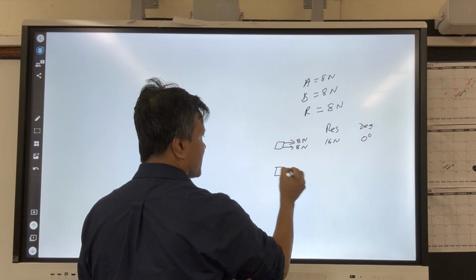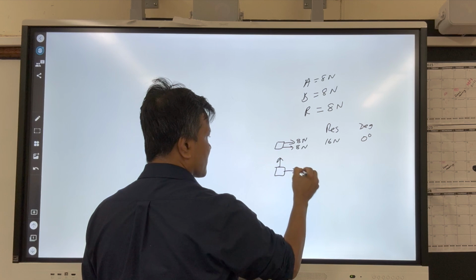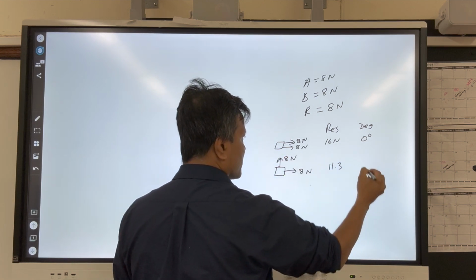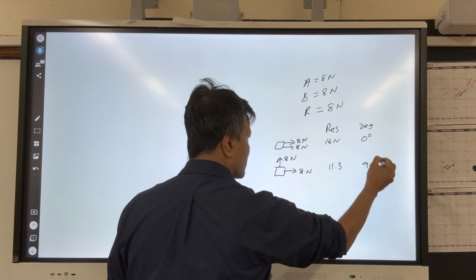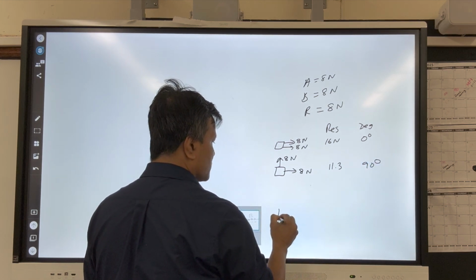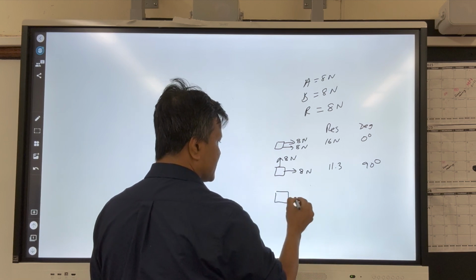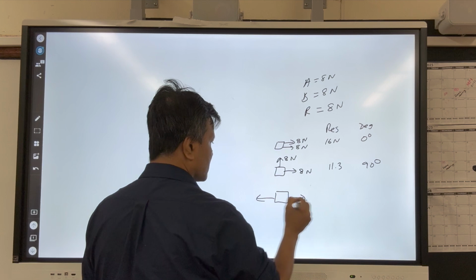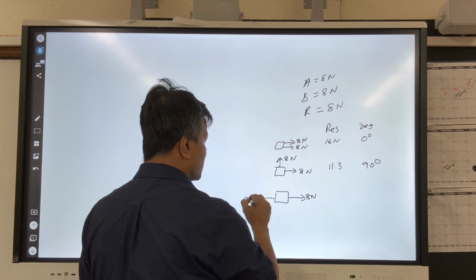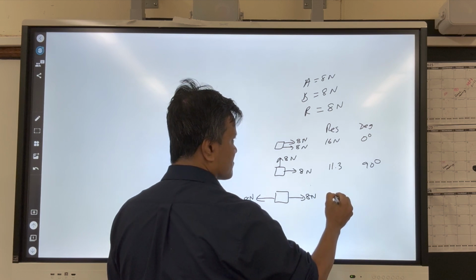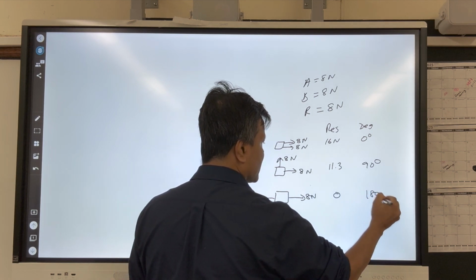If you apply them at 90 degrees, 8 Newton, you get 11.3 because this is 90 degrees. If you do it at 180 degrees, 8 Newton, then what do you get? 0 because this is 180 degrees.